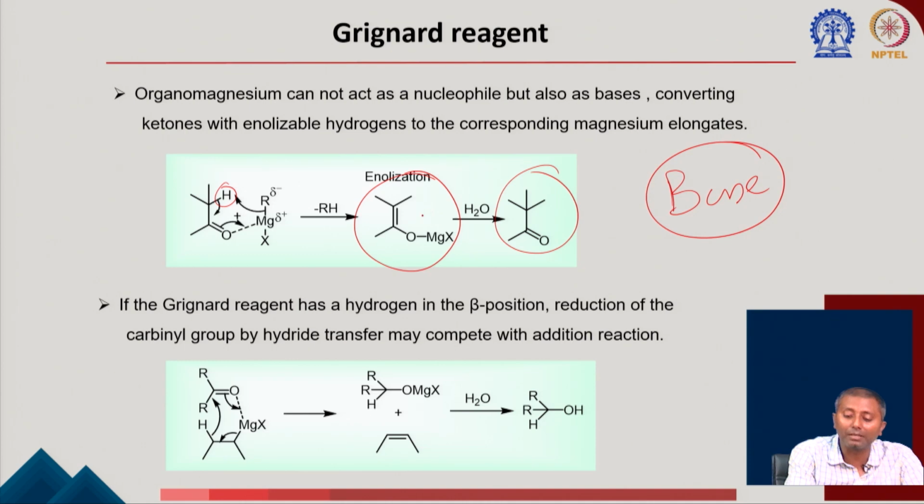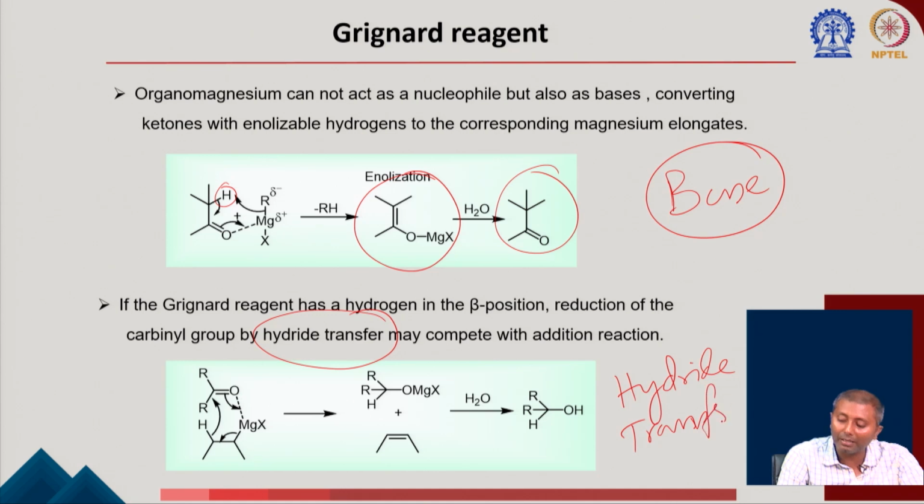It is going back to the corresponding carbonyl compound. Or if you take some electrophile, then the electrophile is going to come in. So here it is acting as a base. Now there is another important thing here, hydride transfer. I think you must have heard about hydride transfer, like when you use sodium borohydride to reduce a carbonyl compound.